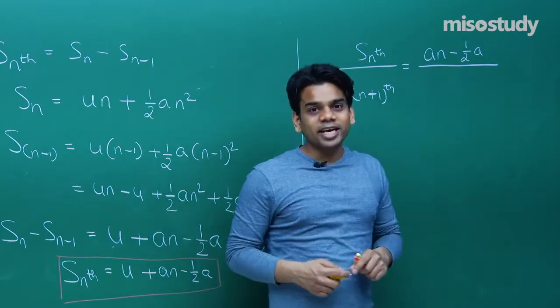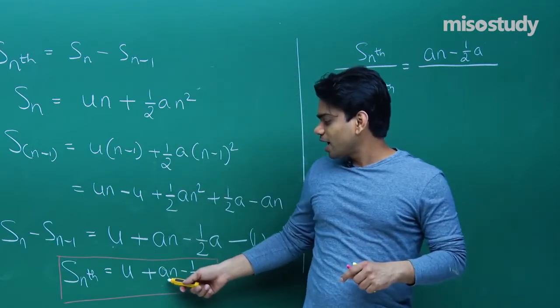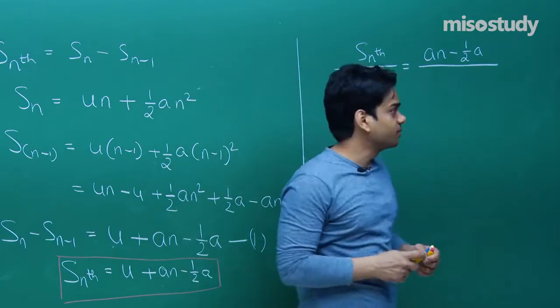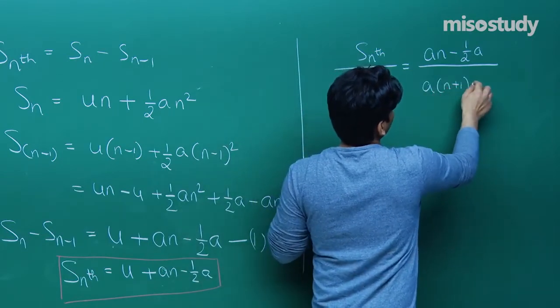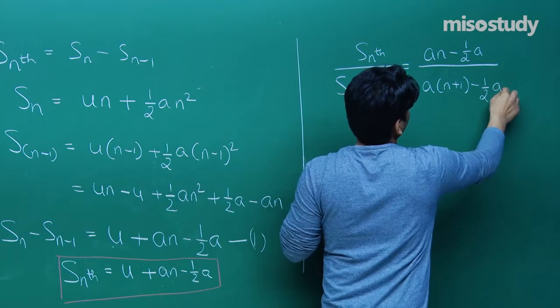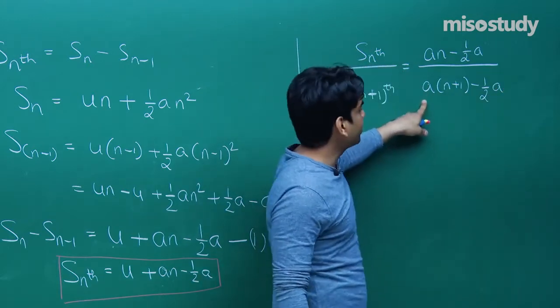Now for S(n+1), put n plus 1 here. You'll have a(n+1) minus half a. So we obtained this. Now see, a and a will cancel out from top and bottom, taking common.